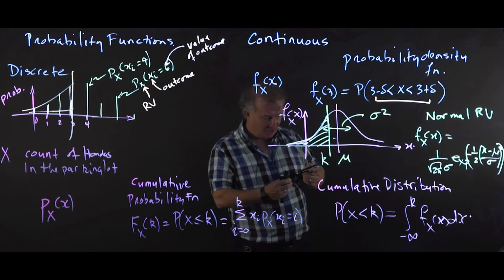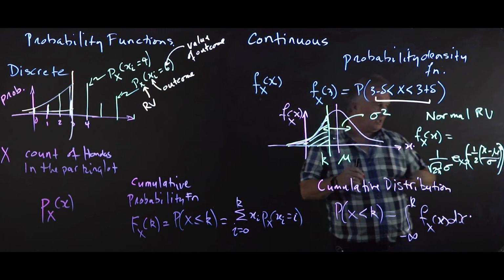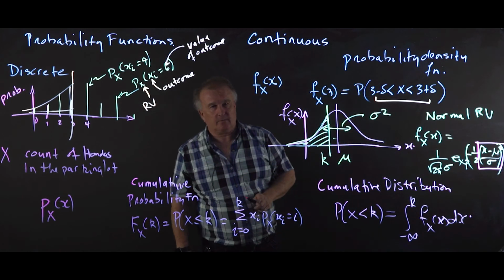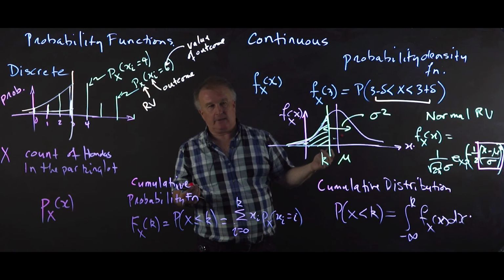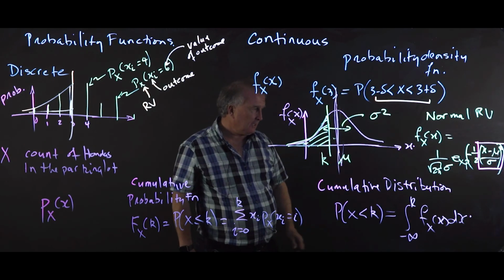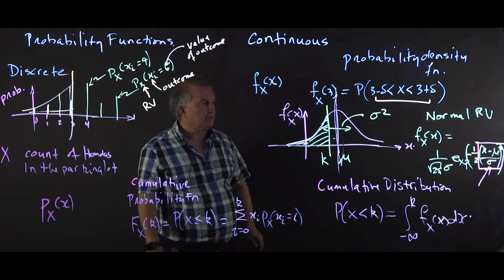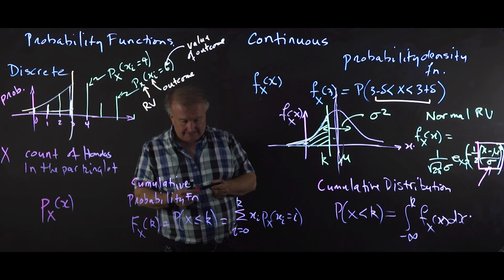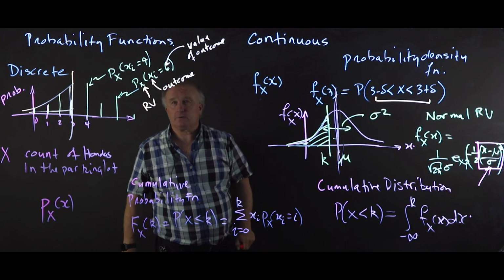I didn't do such a neat job of writing that out. I'm sorry about that. But the critical pieces are that at the core of that probability density function is the squared distance of the value x from that reference point, which is the mean. And you can see also that we've got the standard deviation, which is the square root of the variance, in there providing some scaling. So that's the probability density function for a normal random variable. And it's one of the ones that we'll use most often.